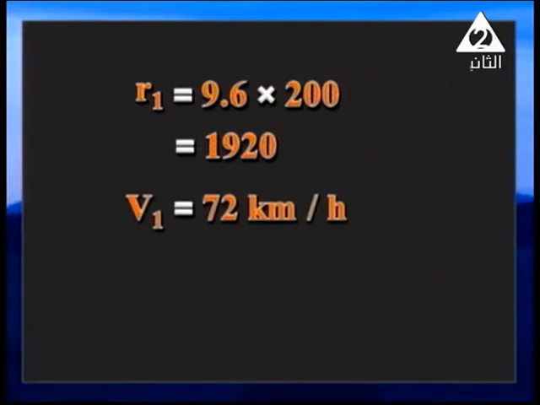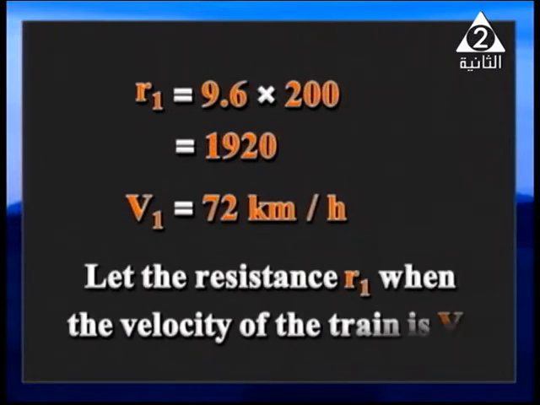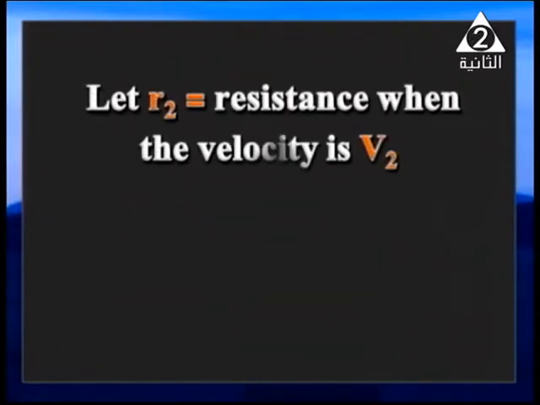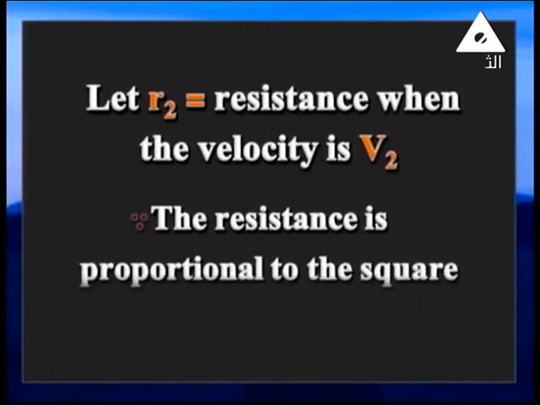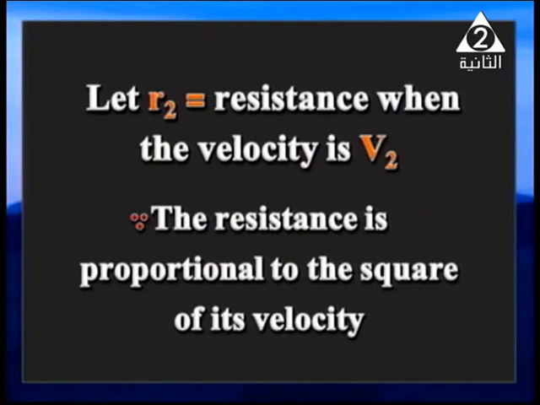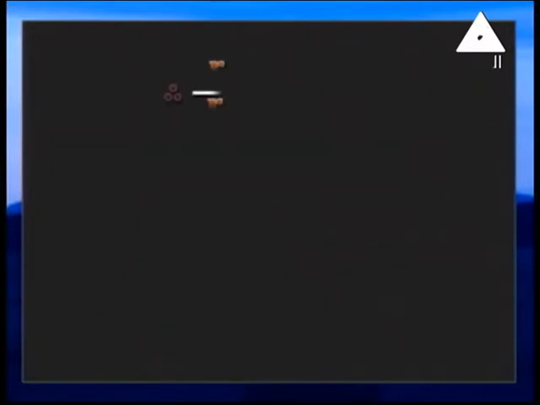Let R1 be the resistance when the velocity is V1, and R2 the resistance when the velocity is V2. The resistance is proportional to the square of the velocity. What is the rule? Excellent, student. R1 over R2 equals V1 square over V2 square.